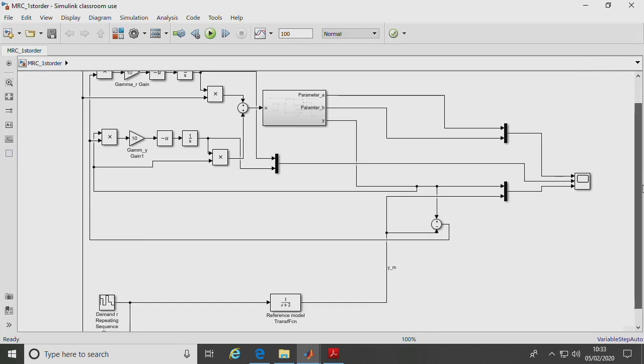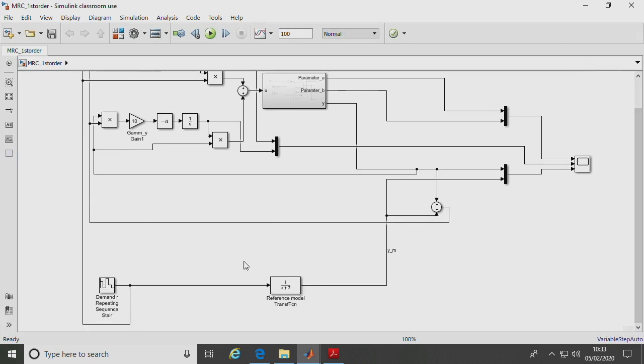But if you have a look here, there is our plant, which has an input U, which has an output Y. And here I have created some form of reference model, and that is a demand R. So effectively what I want to achieve is that Ym is the demand for our output Y. Sometimes that's quite useful because the reference model creates possibly some smoother form of trajectory. So we will revisit this a bit later.